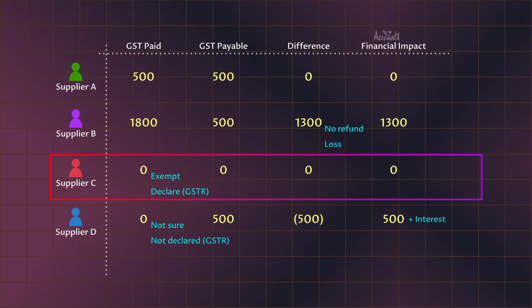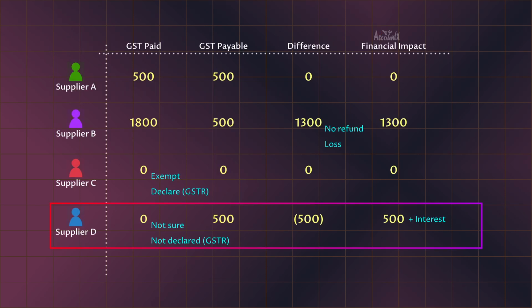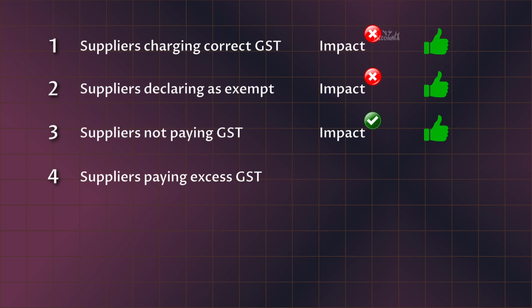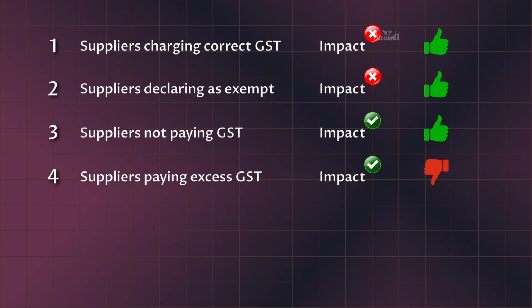From our example C, this is also acceptable. 3. Suppliers who don't pay GST when actually required to pay. From our example D, there's no concession and such suppliers are made to pay GST. This is also fair. But suppliers who pay excess GST end up losing money because there is no refund. From our example B, is this fair?